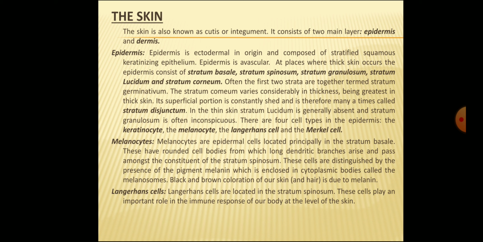At places where thick skin occurs, the epidermis consists of stratum basale, also called germinativum or Malpighi, second stratum spinosum, then stratum granulosum, then stratum lucidum and stratum corneum. These strata are present in the skin. The first two strata are together termed stratum germinativum.